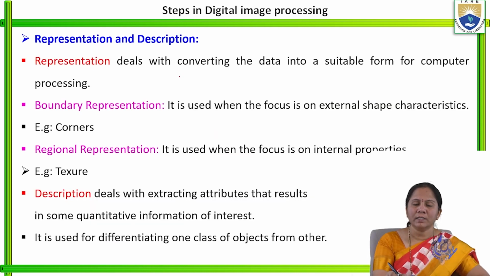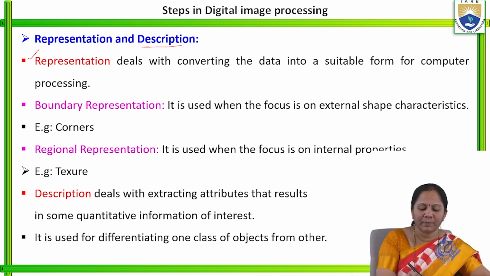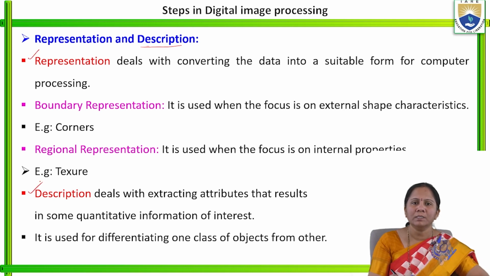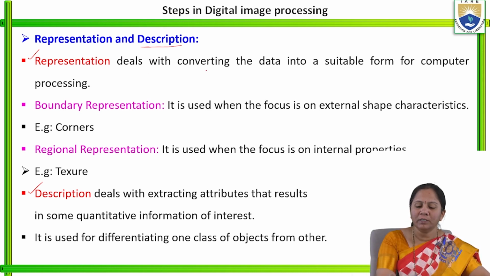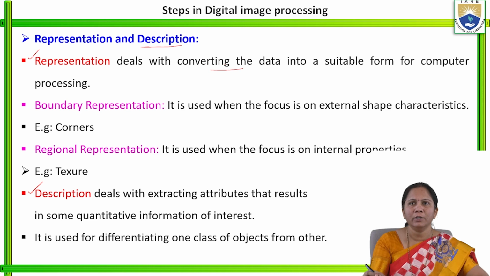And the next step here is representation and description. There are two different terms available. One is representation, another one is description. Representation deals with converting the data into a suitable form for computer processing.